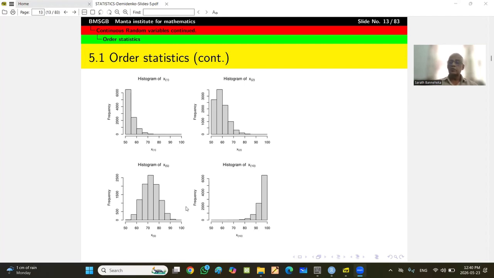But once you have taken a random sample of 10 values and put them in ascending order, the minimum value will always be close to 50. That means the minimum value is most likely to be close to 50. And the second value, of course, has to be larger than the minimum value, but that will be a little larger than the minimum value, right?